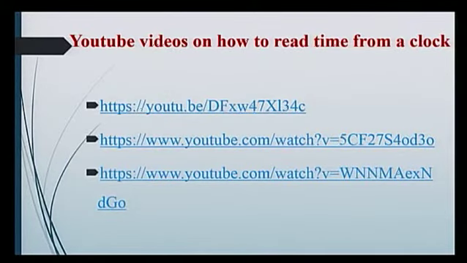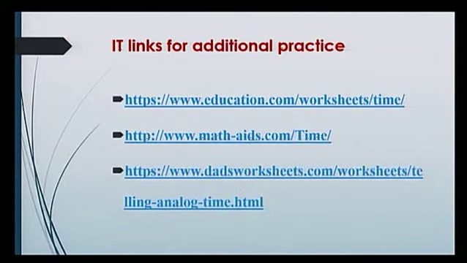You have some YouTube videos where you can learn how to read time from a clock. And you also have some links where you can get some additional practice on the different concepts learned today.